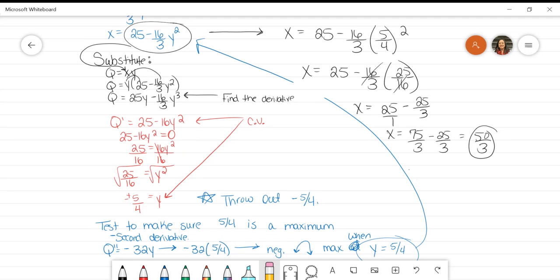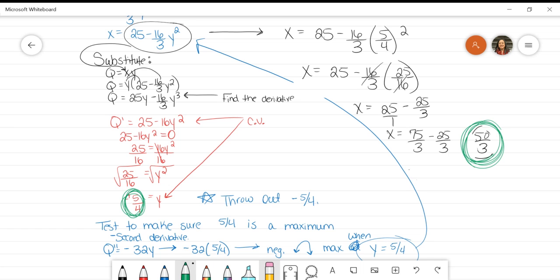So okay, I know where my maximum value occurs. My maximum occurs when I have that 50 thirds for x and I have that positive 5/4 for y.